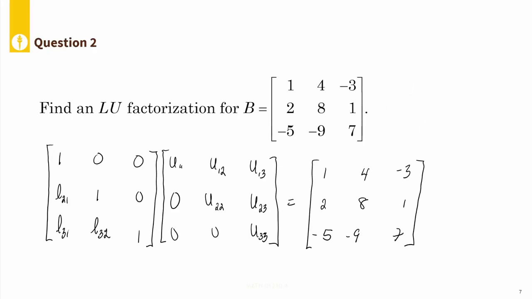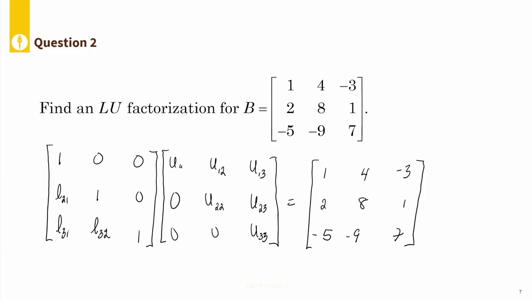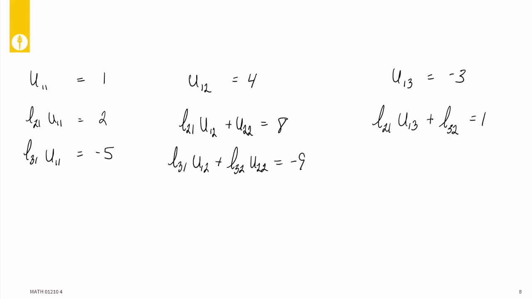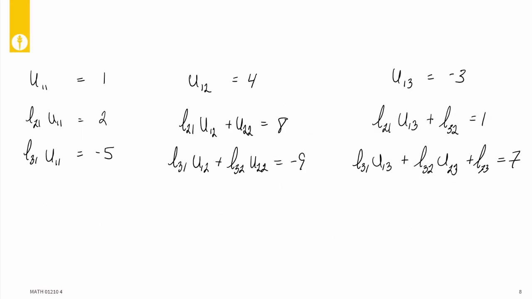That has to equal what? 1? And then L31 U13 plus L32 U23 plus U33 has to equal 7. And then you get to solve that system.